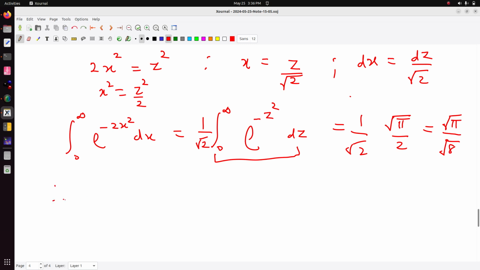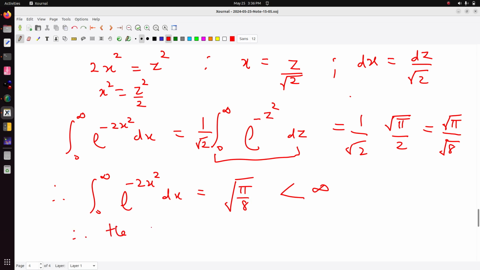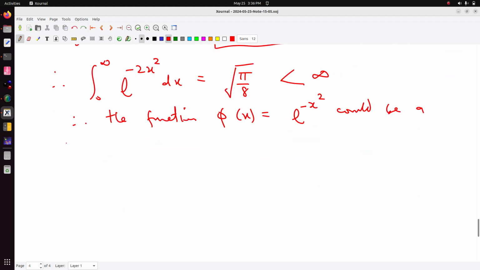Therefore, the integral from 0 to infinity of exponential minus 2x squared dx equals square root of pi over 8, and the fact is, it is less than infinity. So the function phi of x equals exponential minus x squared could be a valid wave function.